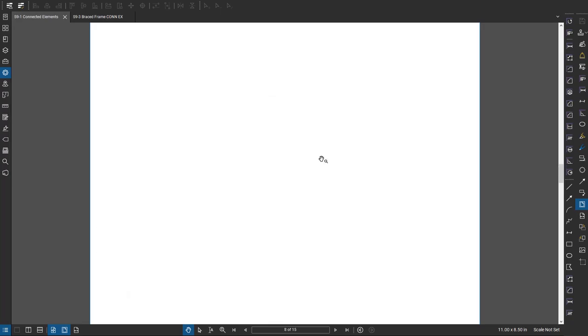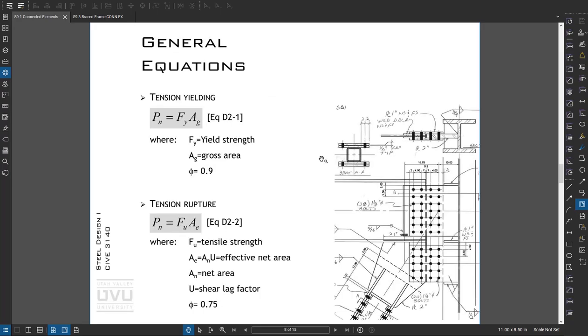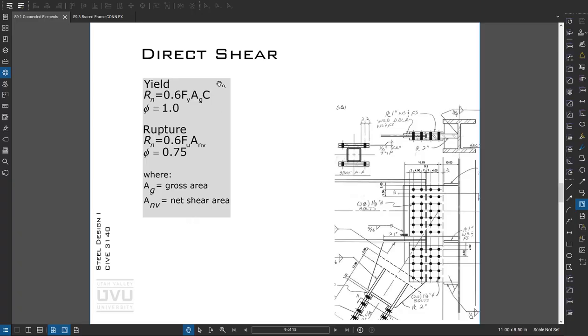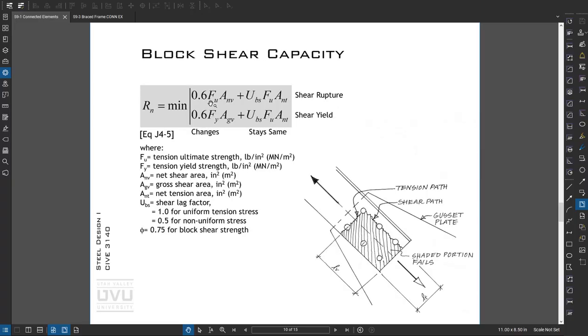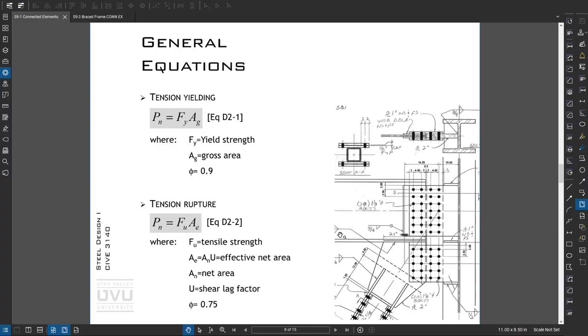Okay, so the general equations: tension yielding, tension rupture, direct shear, and then block shear we'll get into. This Burley connection here was designed pretty much off of these equations.